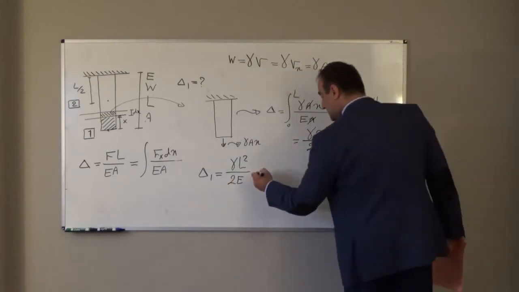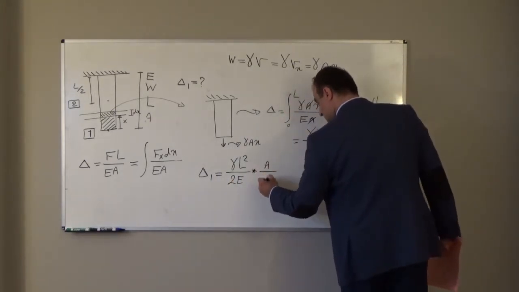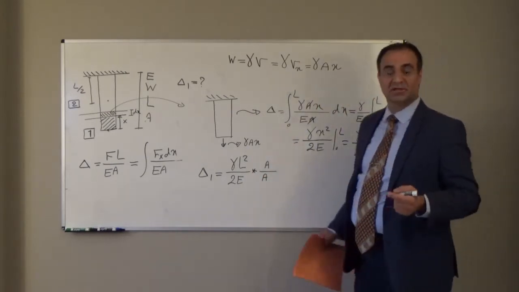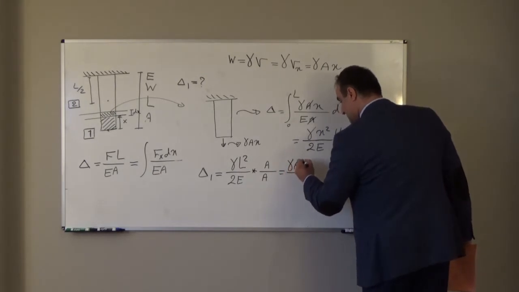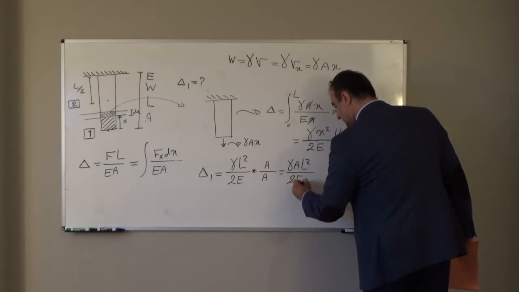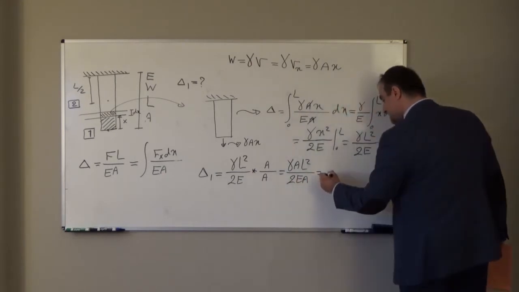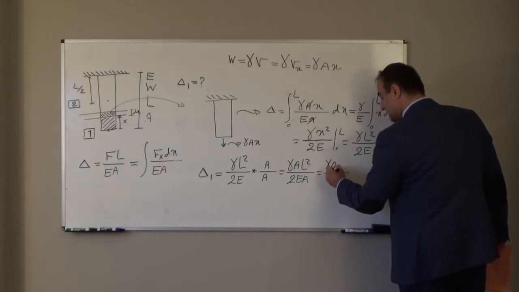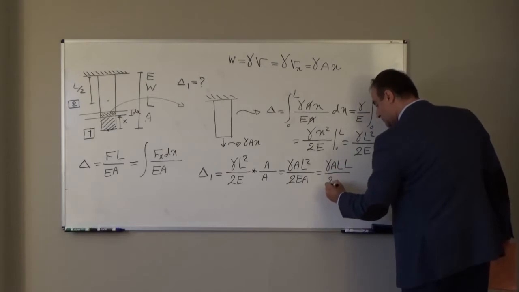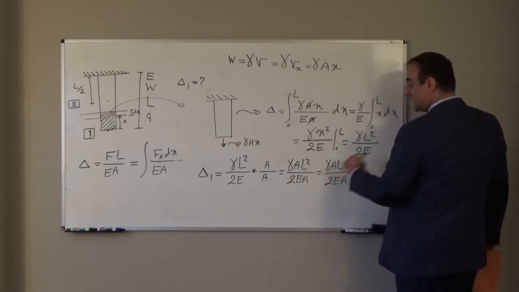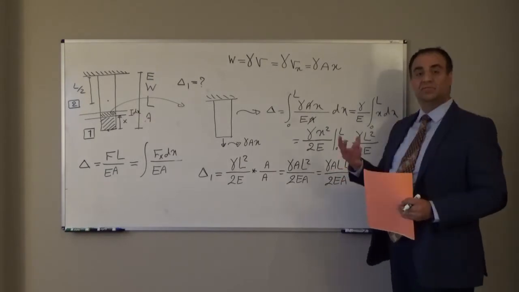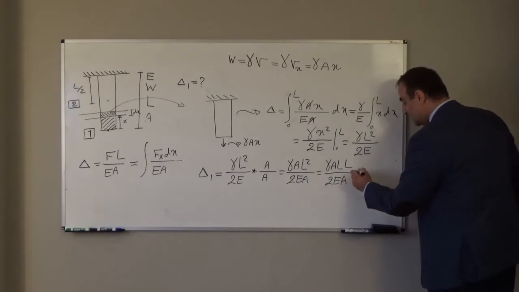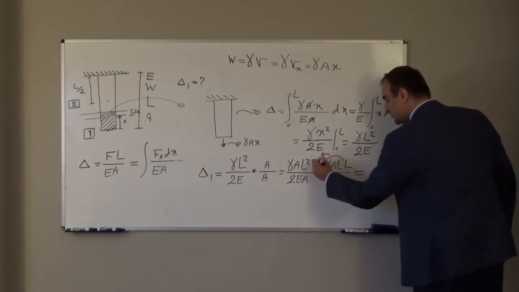If I multiply this by A over A, I can do that because A over A is 1. I can write this as gamma A L squared over 2EA, like this: gamma AL times L over 2EA. Gamma times A times L, A times L is volume. Gamma times volume is total weight.